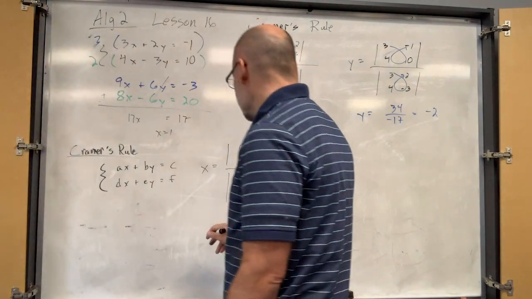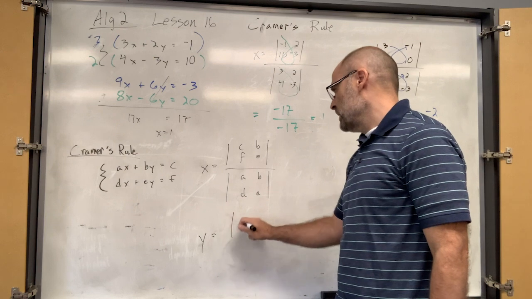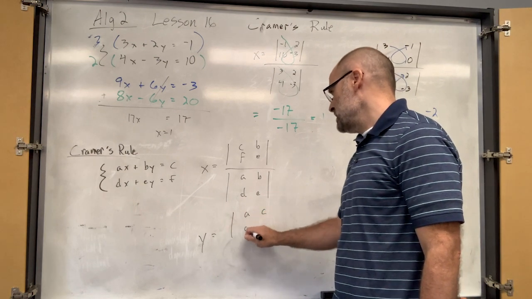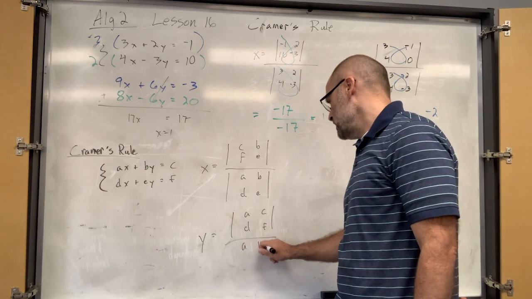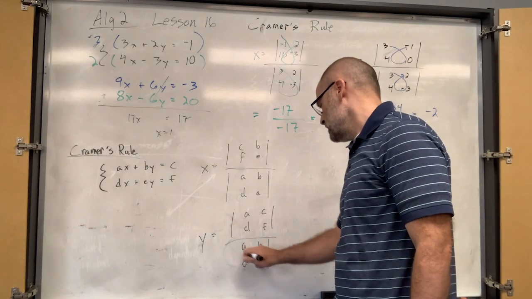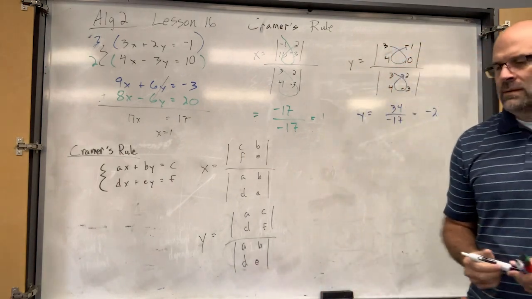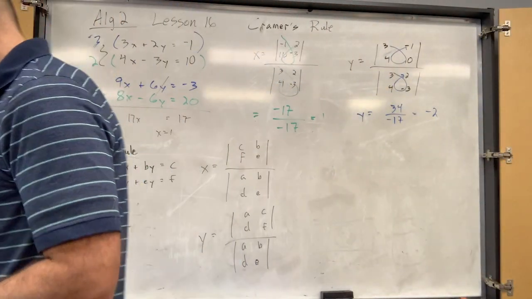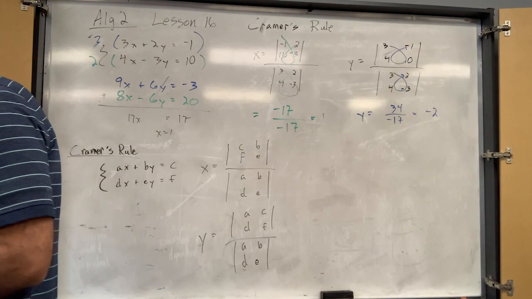Okay, and then y is A, C, D, F, all over A, B, D, E. Okay? So write that down. It's also in your book on page 107.